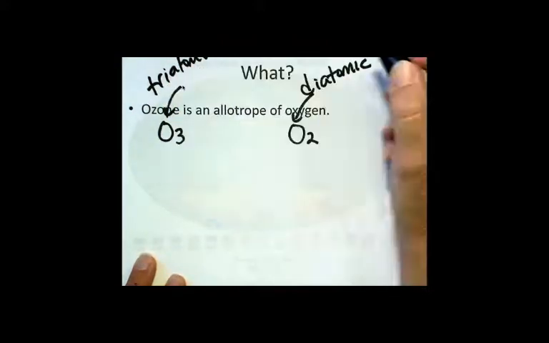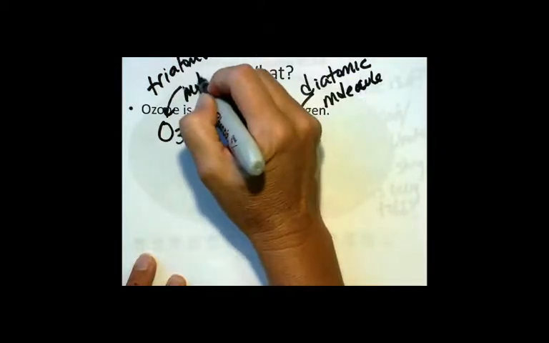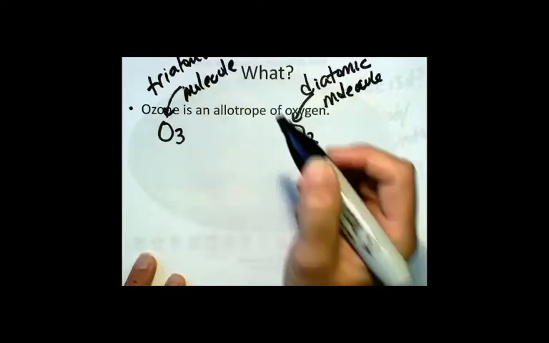Triatomic molecule, I should say. Diatomic molecule, which is an element. Triatomic molecule, which is an element. You know, some elements exist as single atoms in nature, but oxygen is one of those 7 elements that exists as a diatomic molecule in nature, but it also will exist as a triatomic molecule.